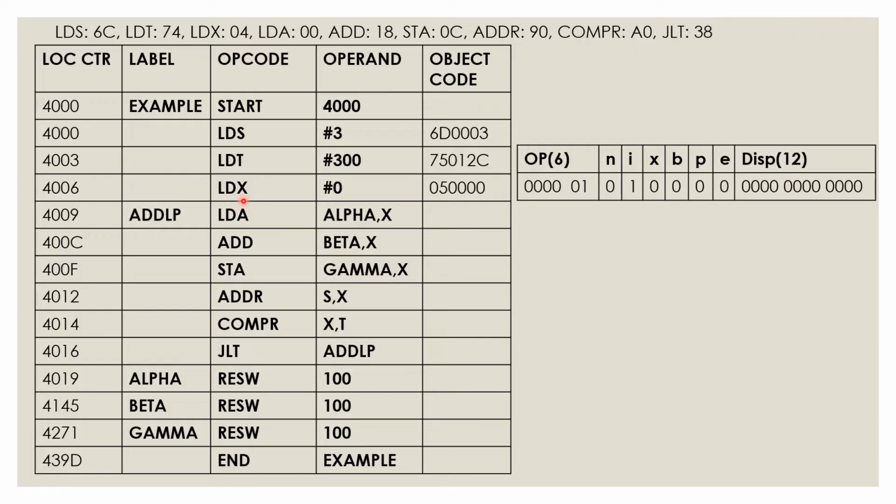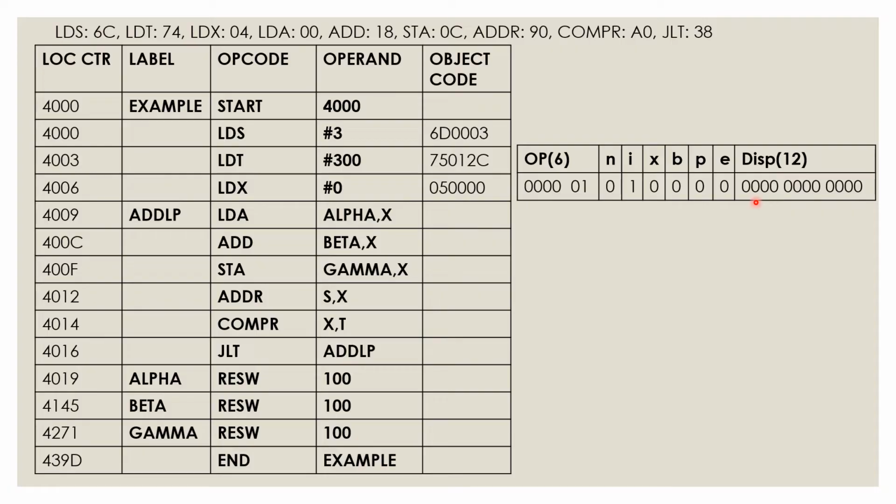Opcode for LDX is given as 04, and the value of 0 is 0000, and for 4 we'll consider only the first 2 bits, that is 01. Since it is of the immediate addressing mode, N value will be 0 and I value will be 1. E value will be 0 because it is in the format 3, and 0 in the decimal as well as in the hexadecimal is 0 itself.